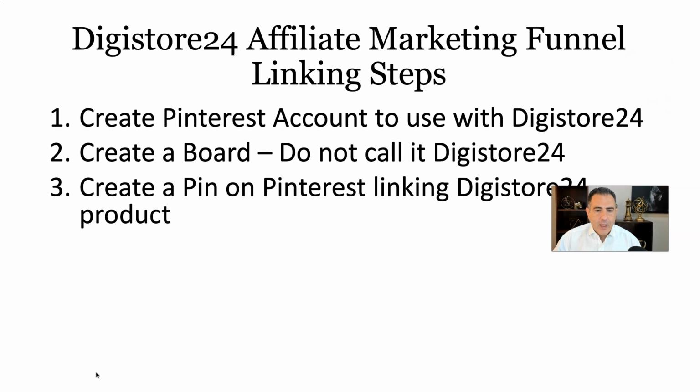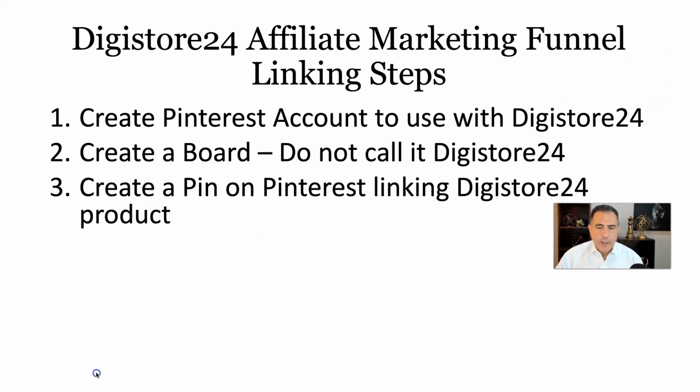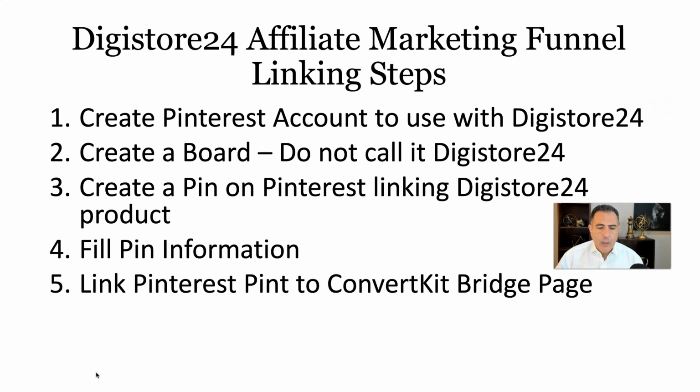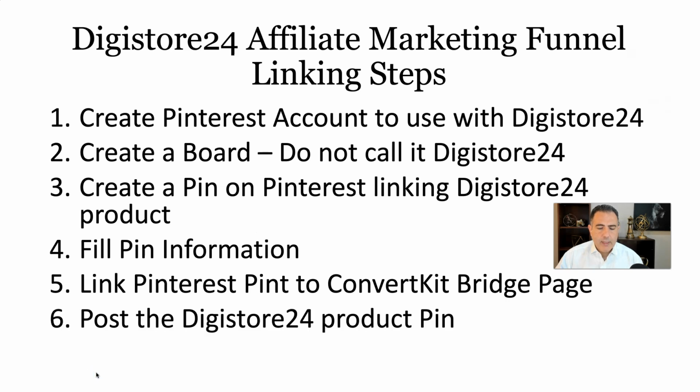Number 3, create a pin on Pinterest linking to the affiliate marketing product that exists on the Digistore 24 network. Number 4, fill in the pin information. Number 5, link Pinterest to a ConvertKit bridge page. You'll find out more about that later. And number 6, post the Digistore 24 product pin. In other words, make it public.